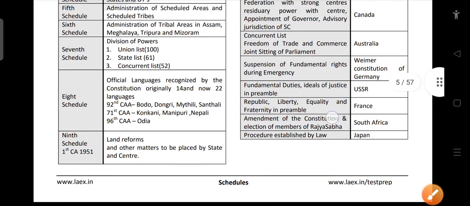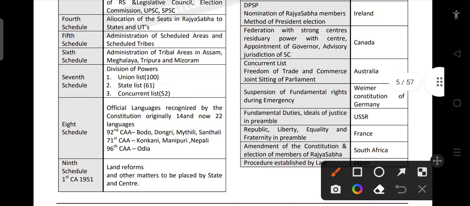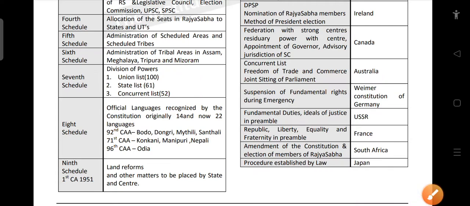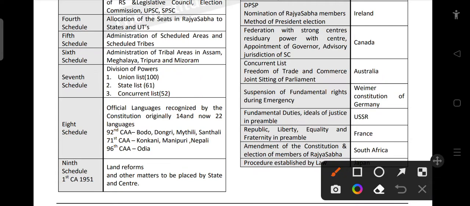Now the seventh schedule talks about the division of power between the center and state. The Union list contains 100 subjects and the State list has 61 subjects. The Concurrent list has 52 subjects. Now the 8th schedule talks about the official languages recognized by the Constitution. Originally there were 14, now 22 are there.